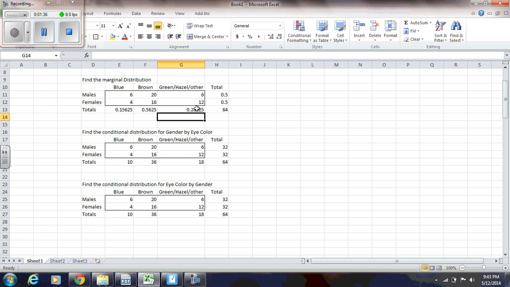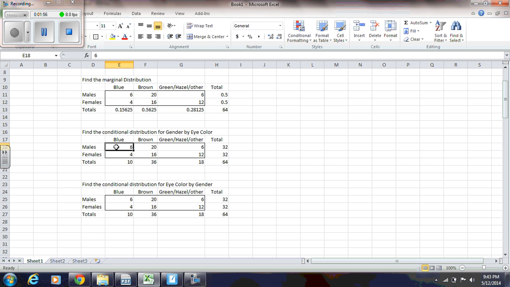Now we can also look at the conditional distribution. If we're going to find the conditional distribution for gender by eye color, we're going to be looking at the rows, the males and females.